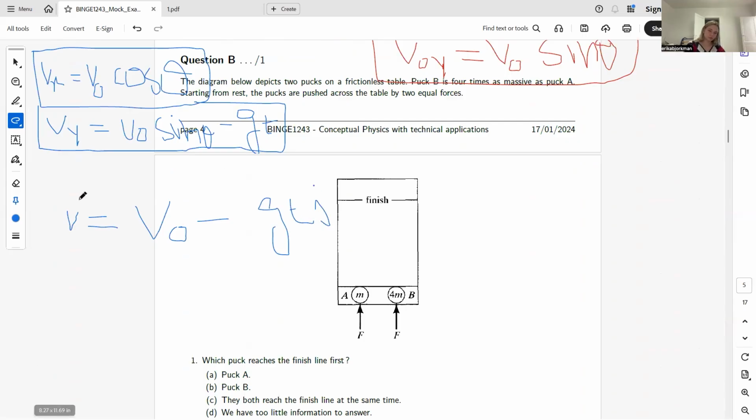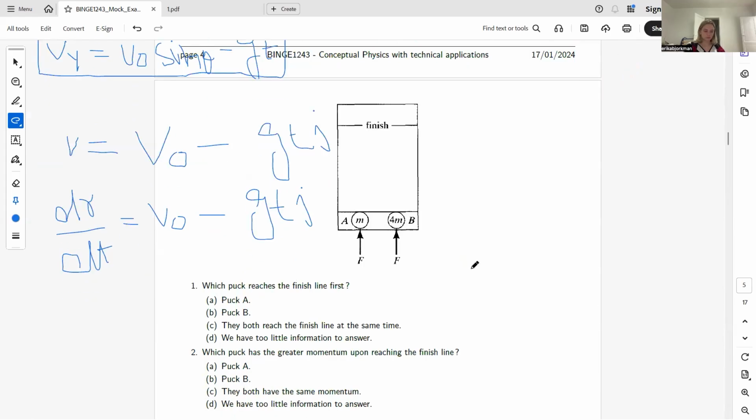Now is the final step to reach towards the position. As the velocity is the rate of change of the position, I can write dr over dt is equal to V naught minus gt j. Then dr is equal to V naught minus gt j into dt.